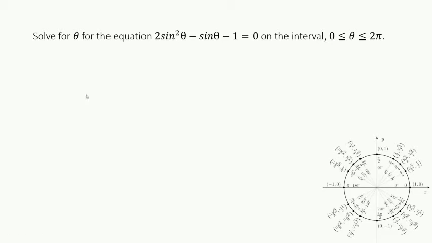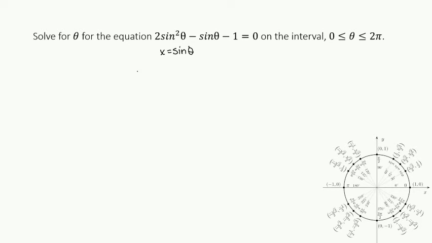Okay, so this one looks a lot more like a quadratic, which is what I was talking about. To solve this, I find it easier if you substitute in x for the sine of theta.